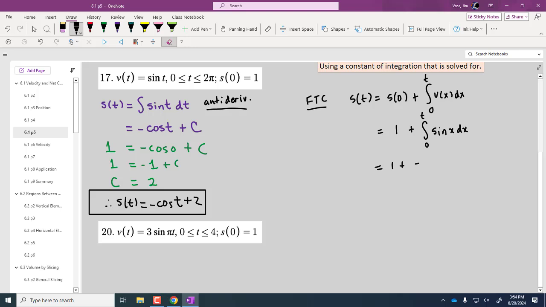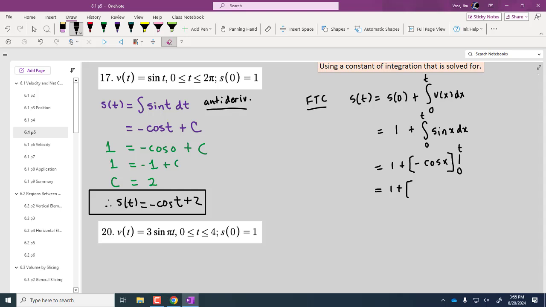So we have a negative cosine of x, and then that whole antiderivative is evaluated from 0 to t. First, I'm going to keep the brackets here just to keep it separate from the 1. The 1 is not part of the antiderivative.